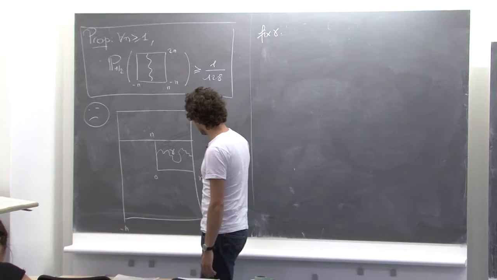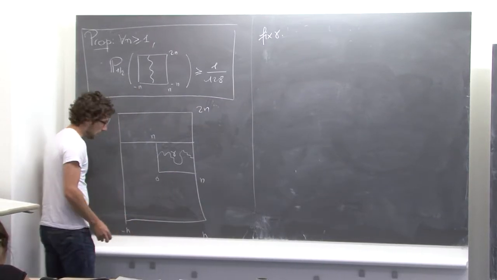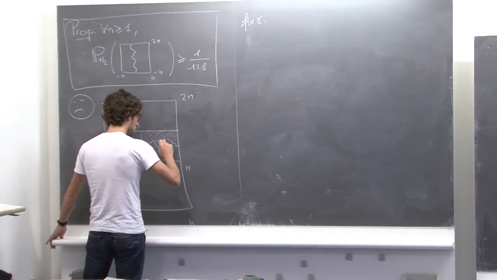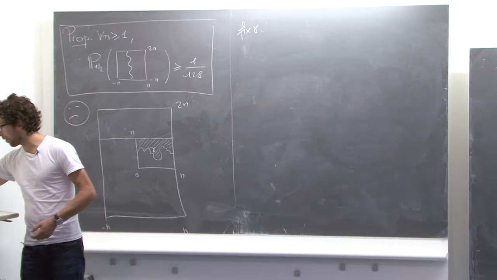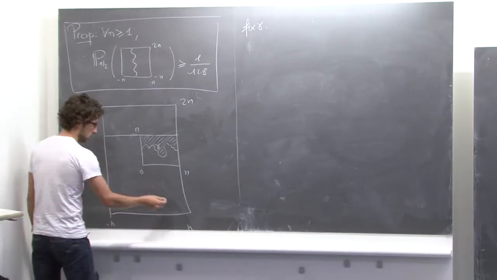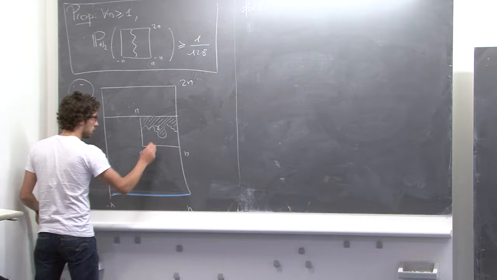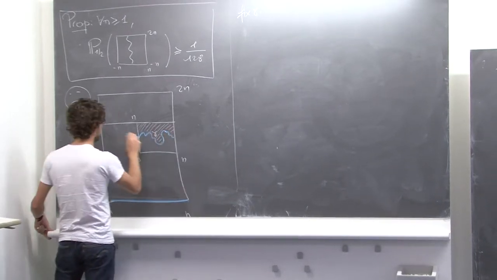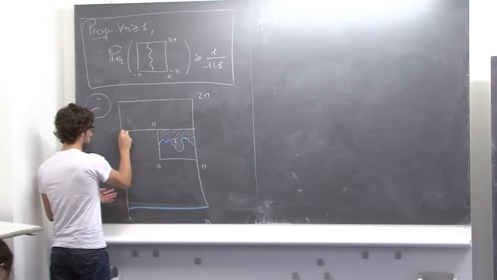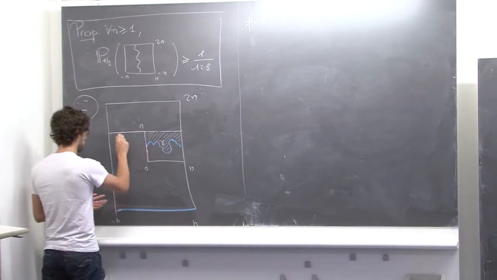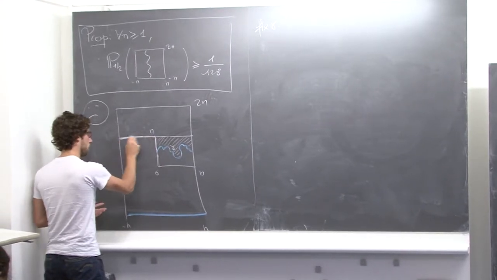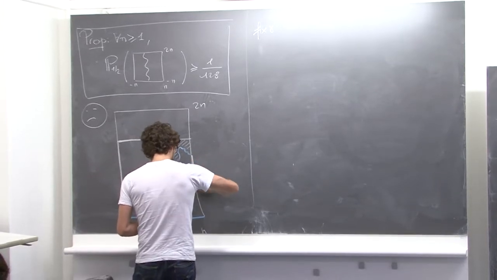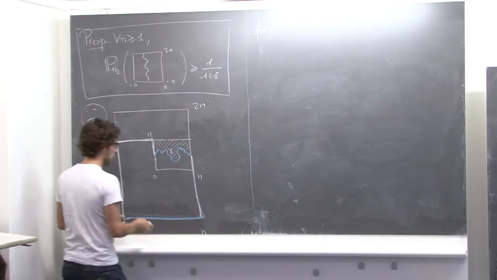I would like to know what is the probability that if I remove this area here, there is an open path from bottom here to here, which is in this area, in this box. Can somebody tell me a lower bound on the probability of having a path like that?